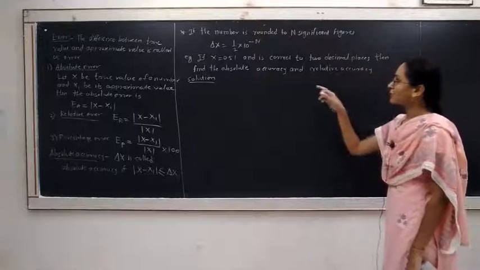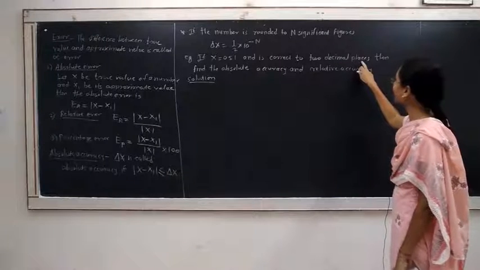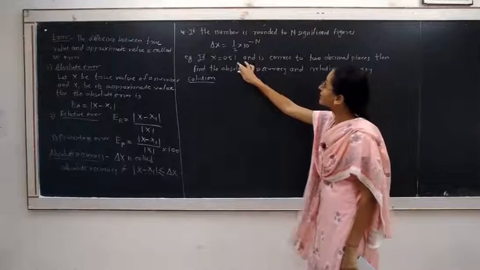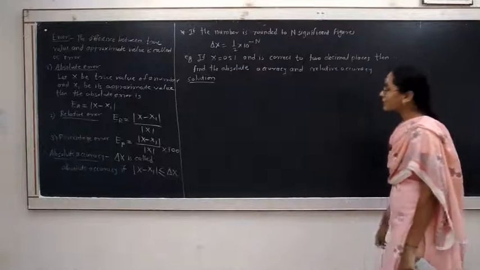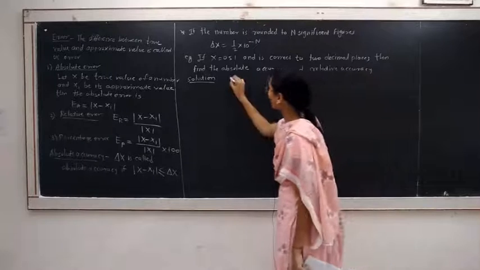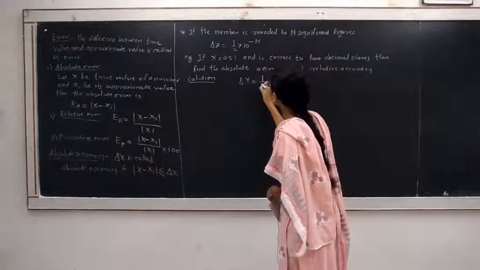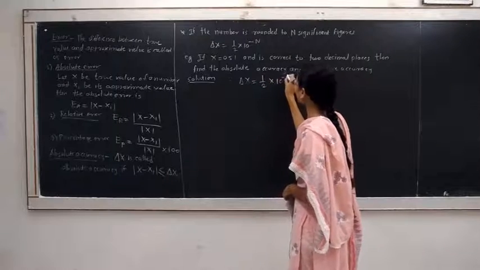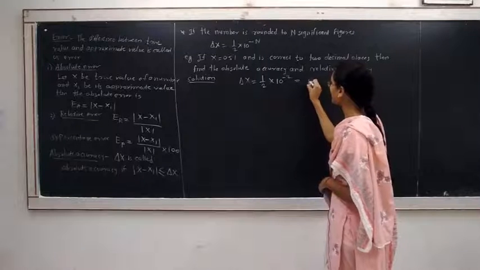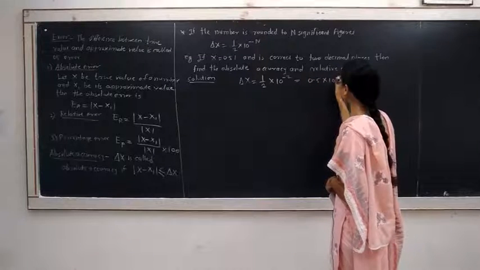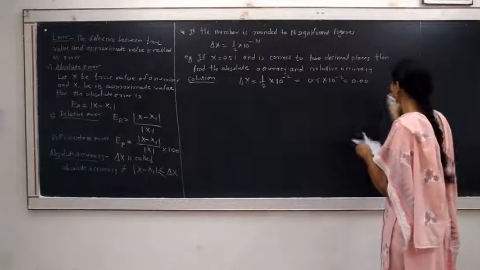We have to find the absolute accuracy for this number because it is correct to two places, meaning this figure is rounded off to two significant figures. Therefore, the absolute accuracy is given by delta x is equal to 1 upon 2 into 10 to the power minus 2, which is 0.5 into 10 to the power minus 2, equal to 0.005.